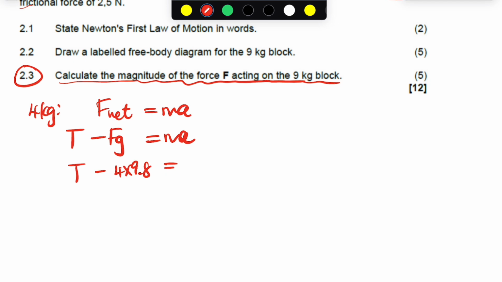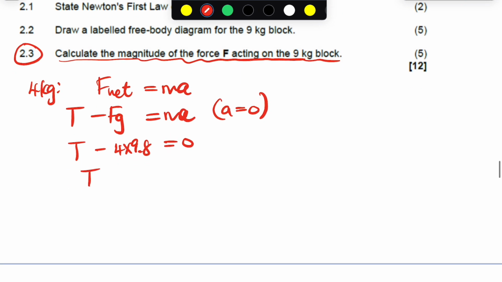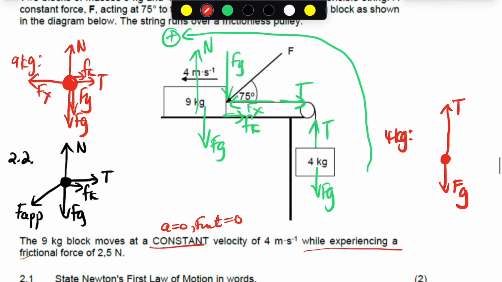Remember this is moving at constant velocity, so the acceleration is 0, so T is equal to 4 times 9.8. When you punch that in the calculator, it's 39.2 newtons. That is the tension.